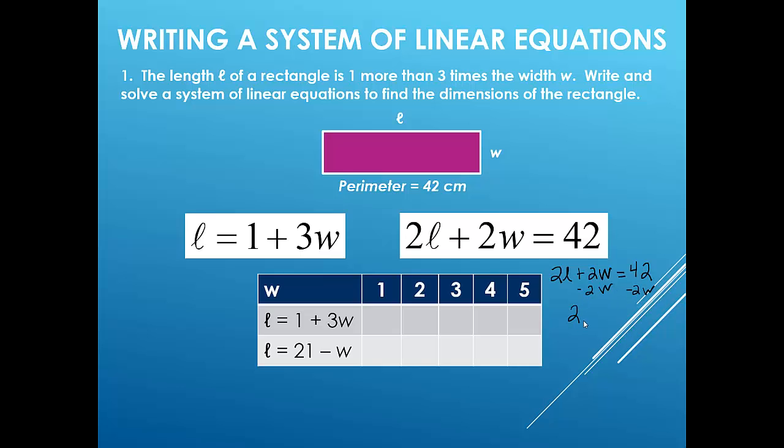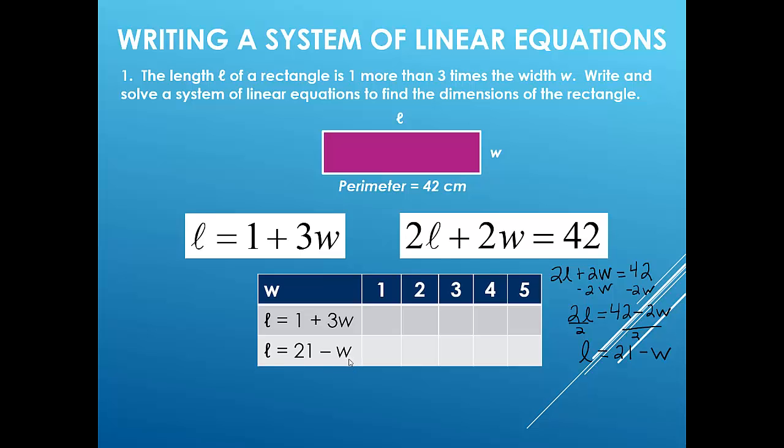So we would have 2L equals 42 minus 2W. We then would divide by 2 on both sides, and we would have that L equals 21 minus W. And you can see that we have this equation also in our table. L equals 21 minus W.